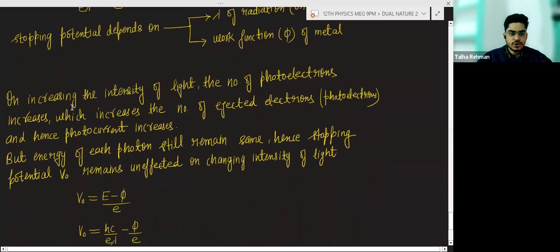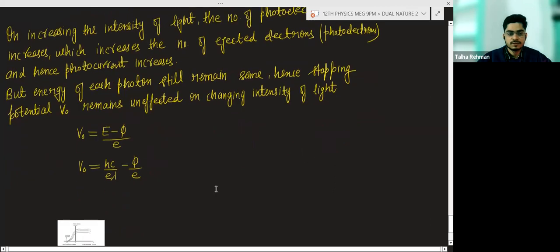So on increasing the intensity of light, the number of photoelectrons increases, which increases the number of ejected electrons, and hence photocurrent increases, because the more photoelectrons, the more charge will flow from cathode to anode, so the more will be the current. But the energy of each photon still remains the same, hence stopping potential remains unaffected on changing the intensity of light.